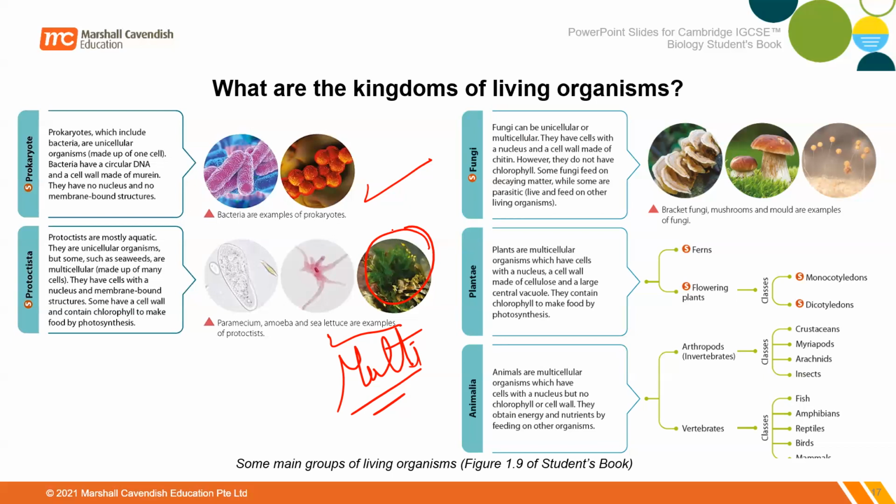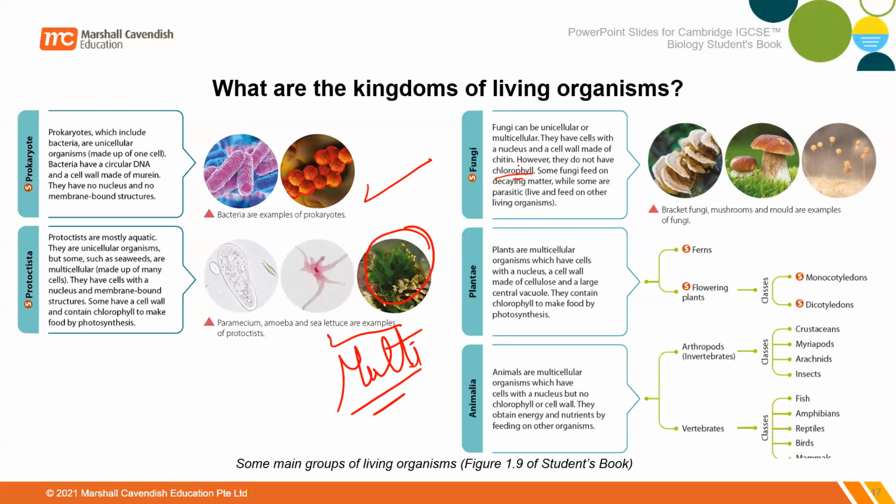Some teachers pronounce it differently, but for me, that's what I learned from my doctors. However, they don't have chlorophyll at all. So we cannot consider them as plants because they have no chlorophyll and they feed on decaying matter. They cannot make their own food.